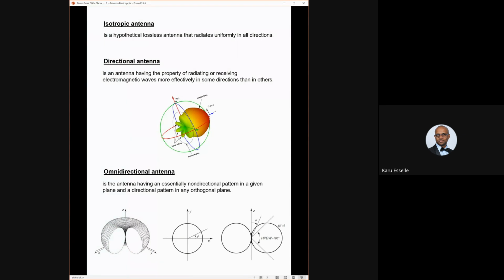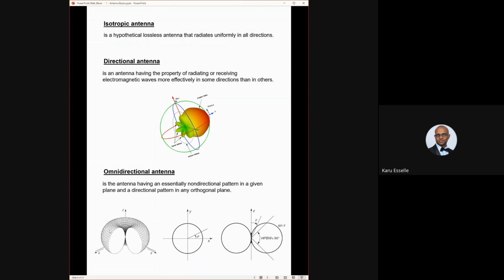If you take this donut, or toroid, and cut it in the middle on the XY plane, what you get is a circle. And that is your radiation pattern on the XY plane. On that plane, it receives all the waves equally in all directions, and also transmits waves on that plane equally in all directions. That's the meaning of omnidirectional.